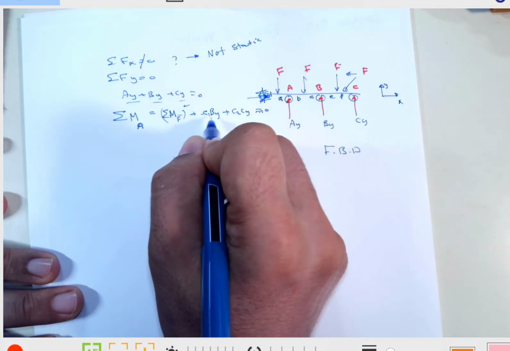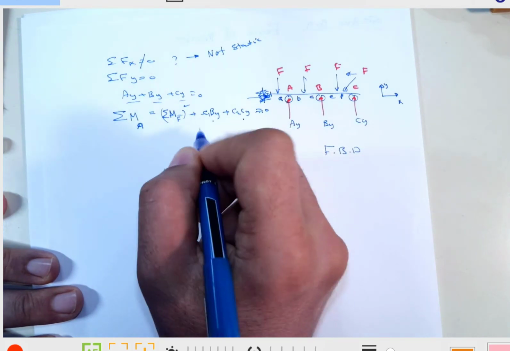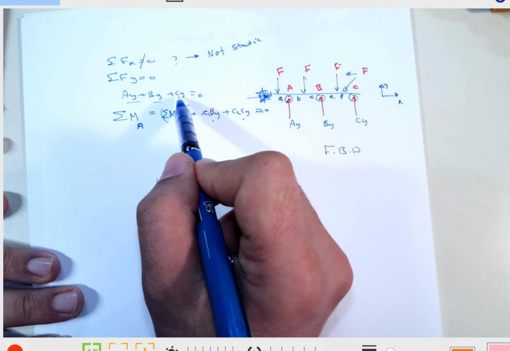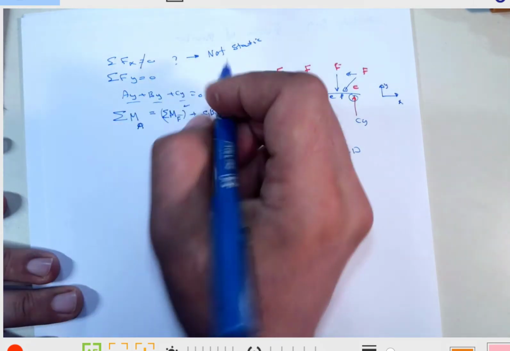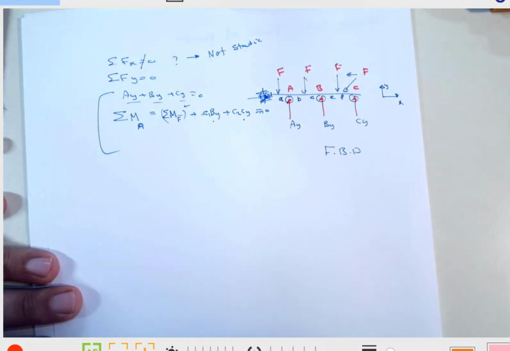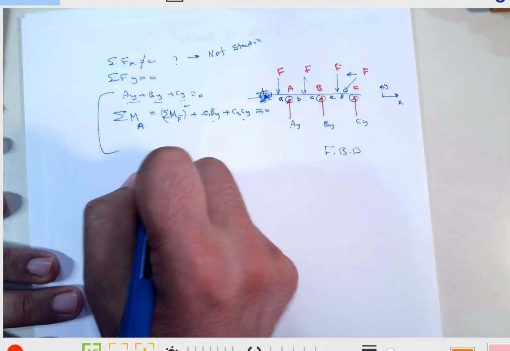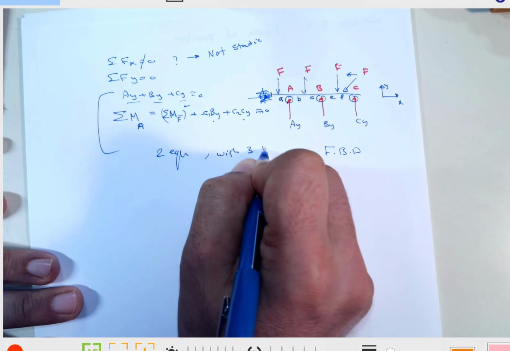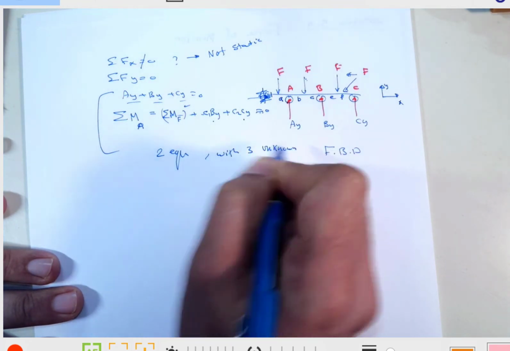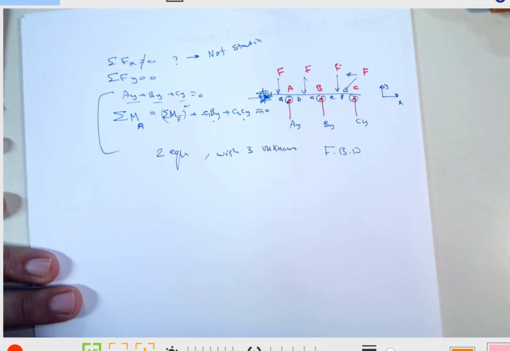So we have 2 unknowns, and that's it, right? So we have only two equations with three unknowns. Two equations with three unknowns, so this is not sufficient to solve.